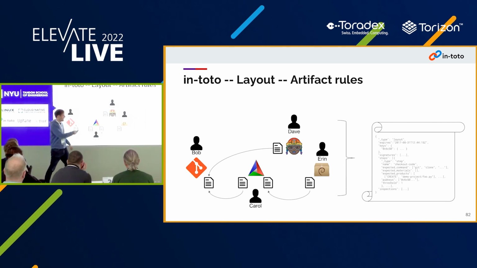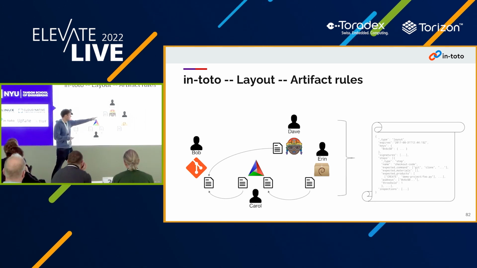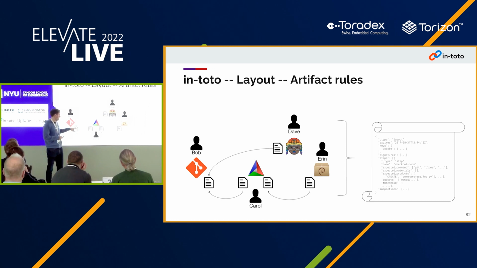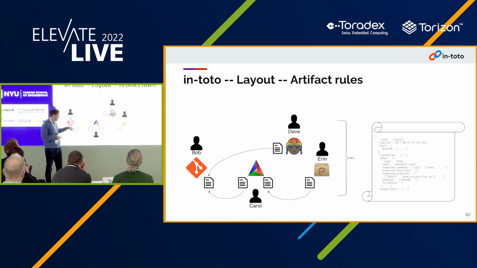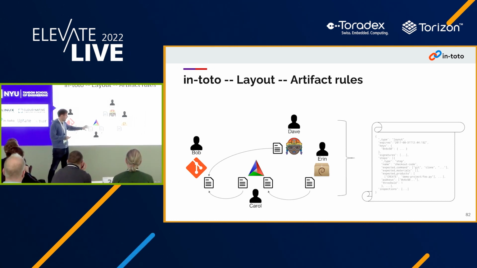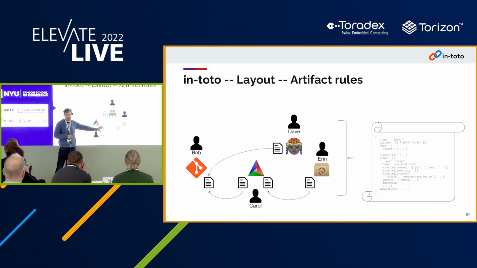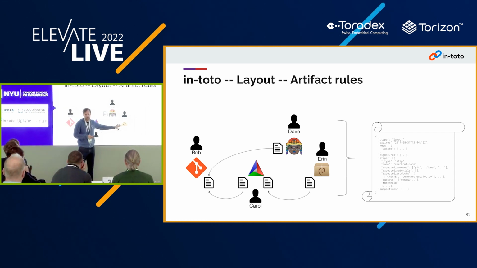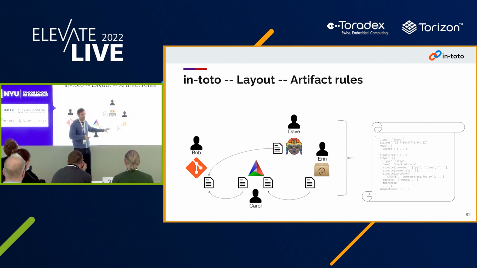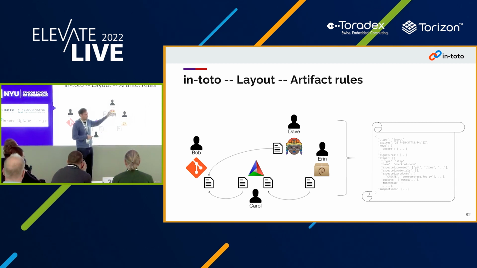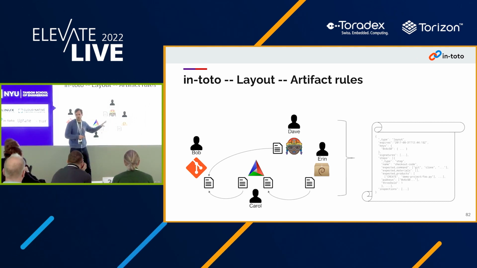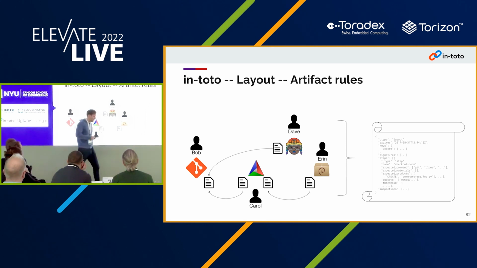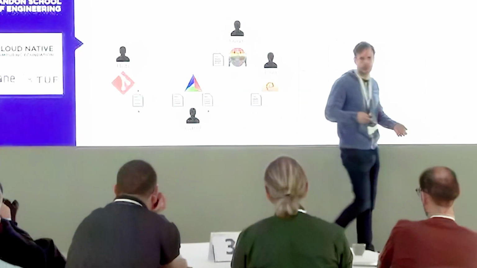So basically your layout says that testing has to be done over the signed tag git release, and that signed tag git release is the thing that has to be built, and the thing that comes out of that compiler is the thing that has to be packaged. And if all of those things are true in this layout, then this is a valid version of this software. Okay? Does everybody get the idea here?